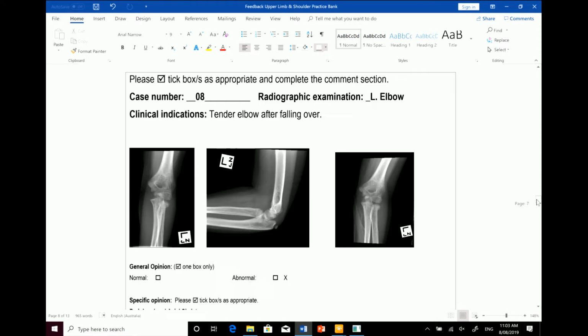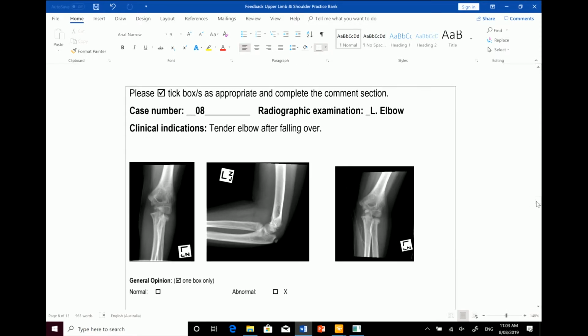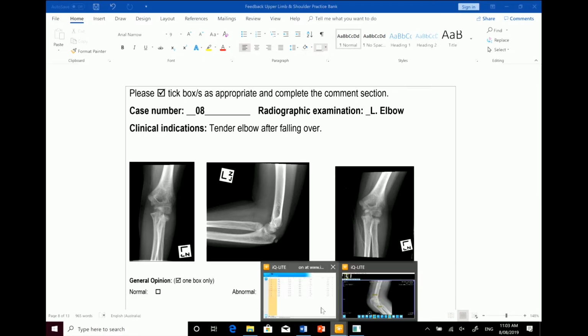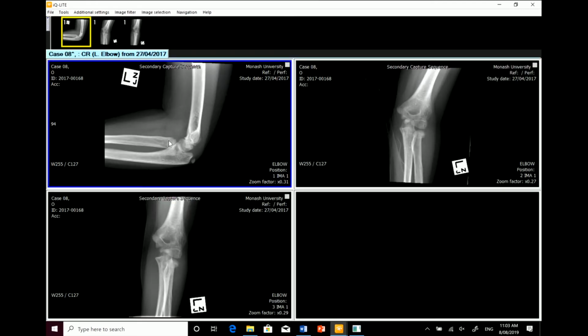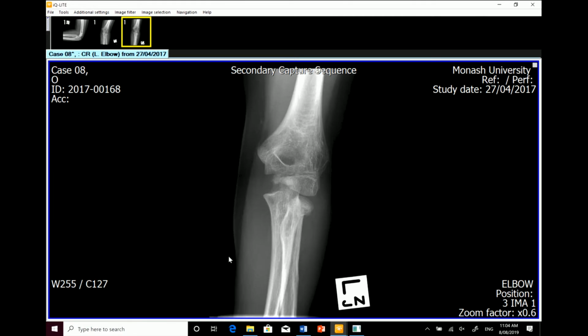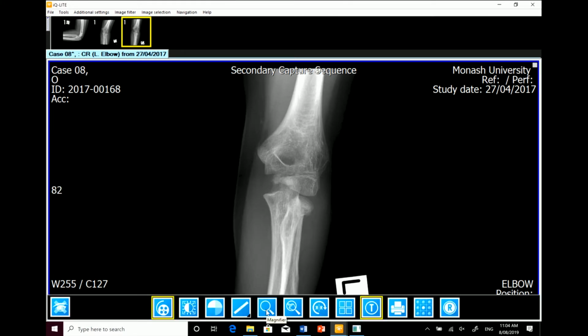Our next case is that of an elbow, and it's a patient with a tender elbow after falling over. Okay, so in this case, if we look very carefully, let's start with this view.